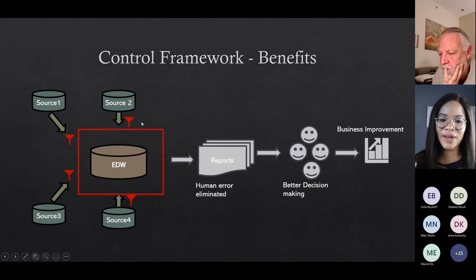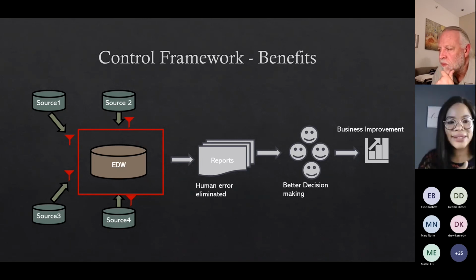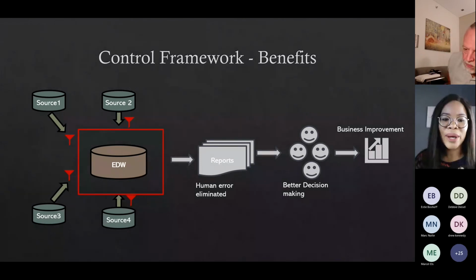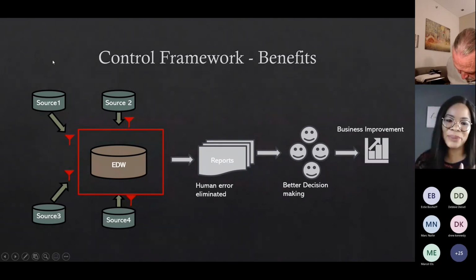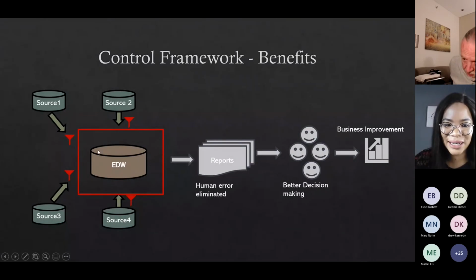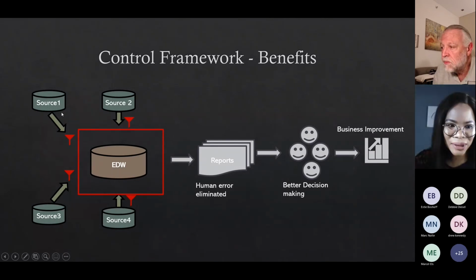And if the data type clashes with the data types from here, or whatever that is, when we do our ETLs, we pull the data from here and here, and the control framework will filter out all those problems.